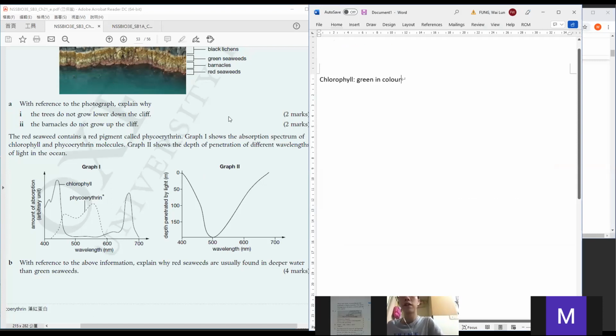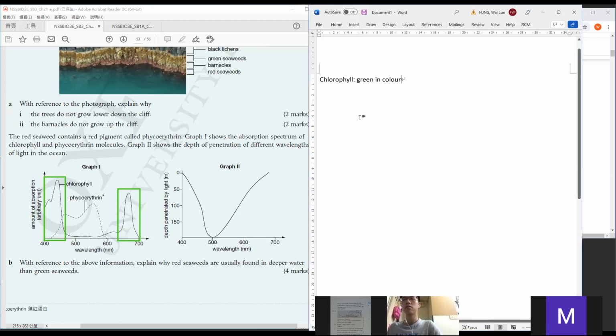What kind of wavelength can it absorb to carry out photosynthesis? It can only absorb this range of wavelength, and also this range of wavelength.